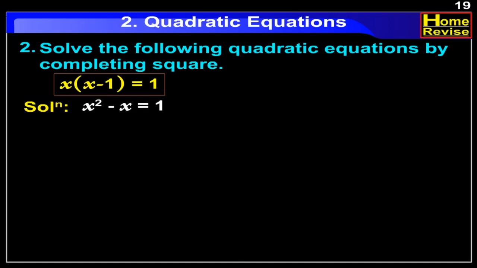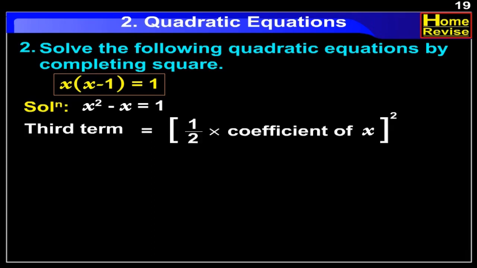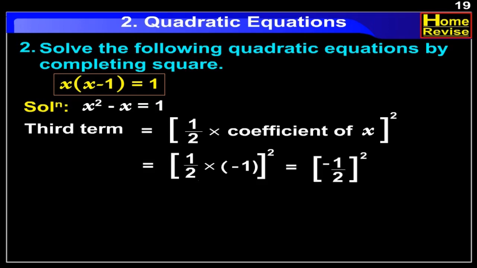Now, we will make LHS a perfect square by using third term = (half into coefficient of x)², which is equal to (half into −1)², which is equal to (−1/2)², which is equal to 1/4.